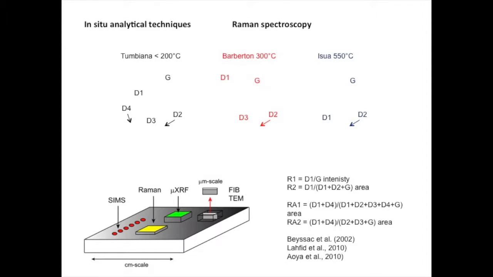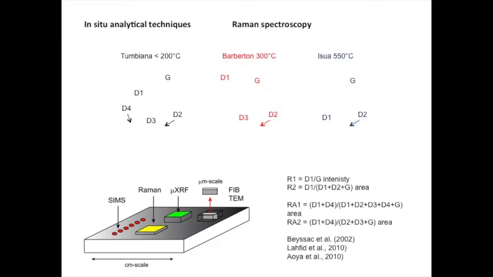So here you see three different rocks that have been exposed to different degrees of temperature. Actually, Barman's a bit higher. Iswa is about 550 degrees. And you see that there's a progression in these disorder bands. Basically, there are a lot of disorder bands in poorly altered material, and then they start to disappear when you go to higher degrees of metamorphism.